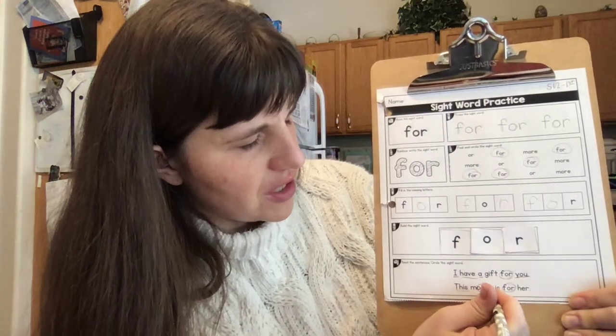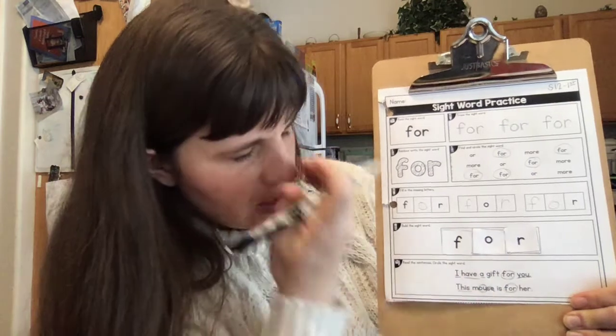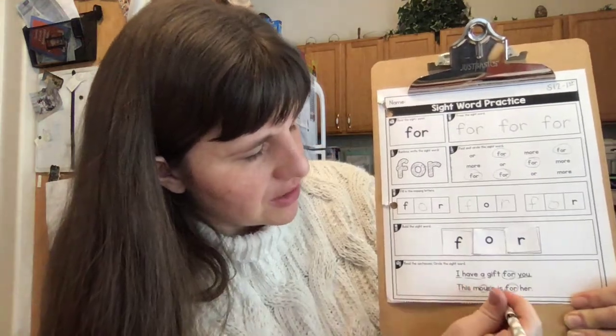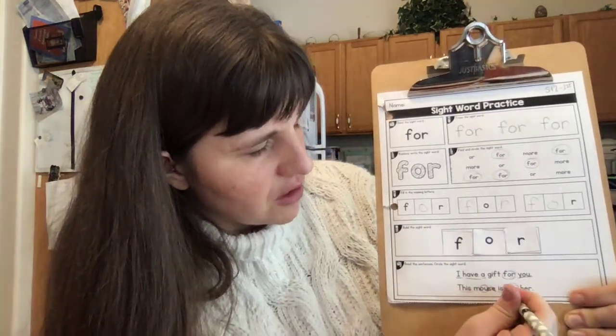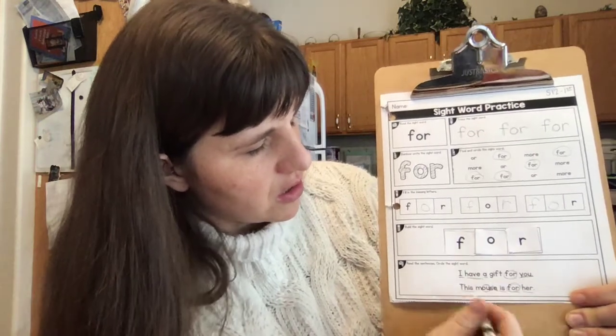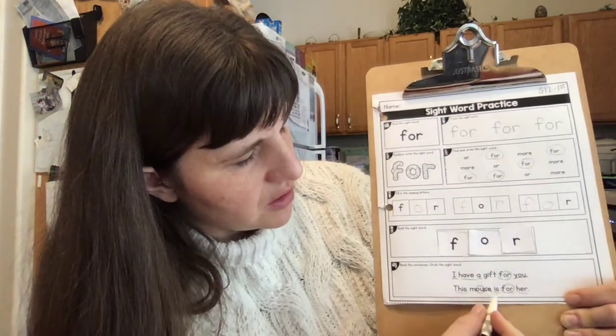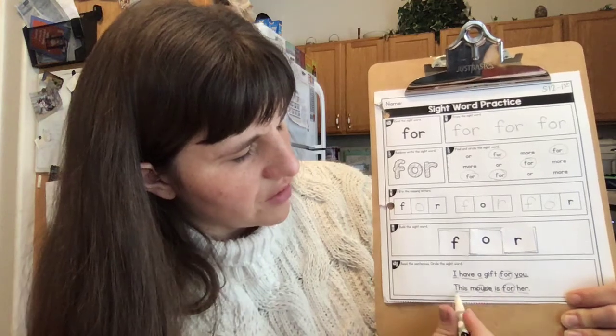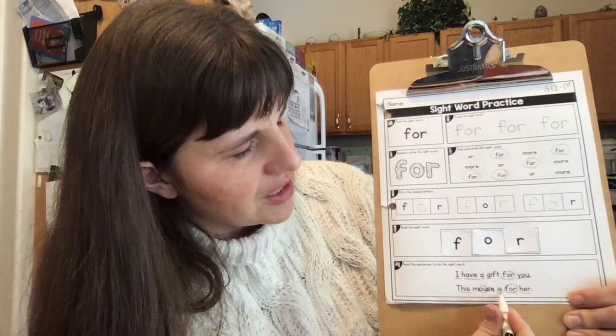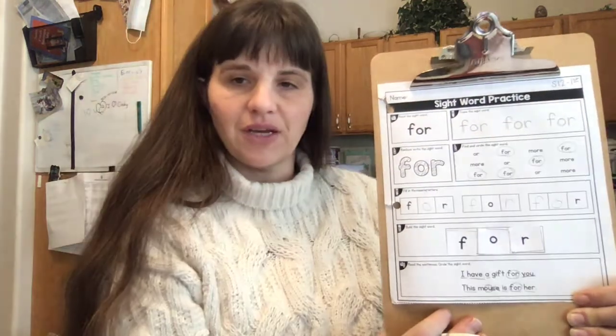So there's nothing for the E to do. I'm going to cross it out. Okay, this mouse is a sight word. I'm underlining it. For her. How many sight words do we have in this one? 1, 2, 3, 4. This mouse is for her. There we go. We're done with this page.